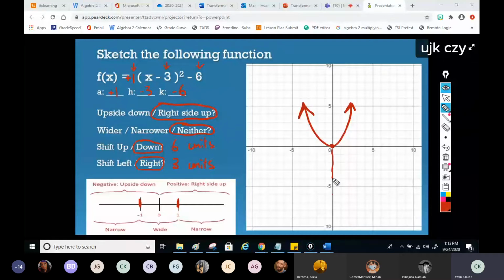It's going to go down 6 units. And then after that, I need to shift to the right by 3 units. So 1, 2, 3, right here. All right, this is the new vertex.